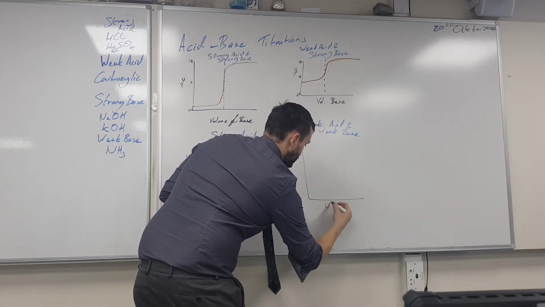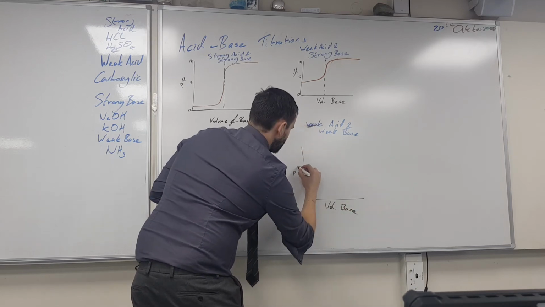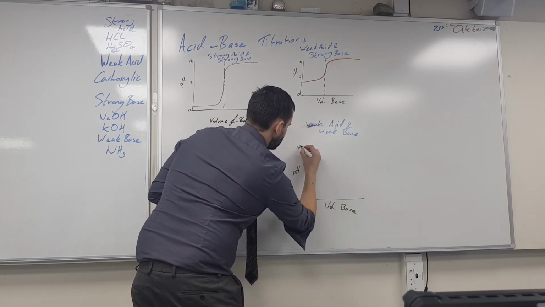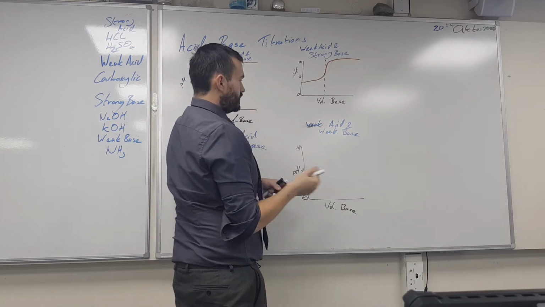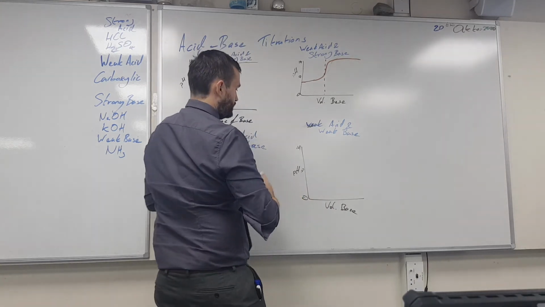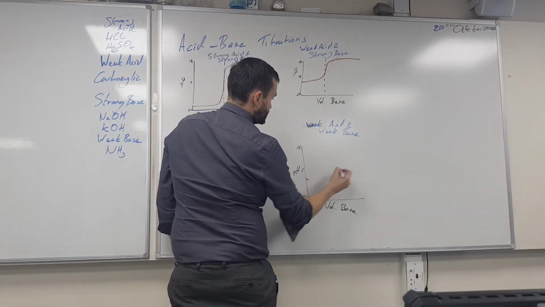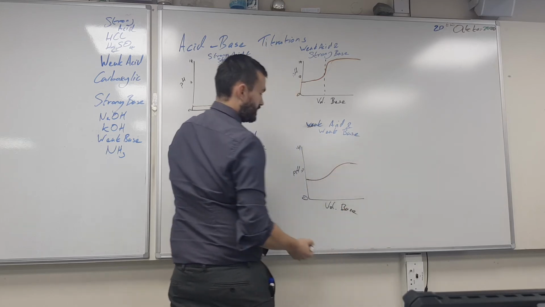So again, volume of base. We can have pH, that's going to be 14, 7, 0. So now this one is slightly different to the other three. Because we've got weak acid, we've got weak base, the curve is a little bit like that.